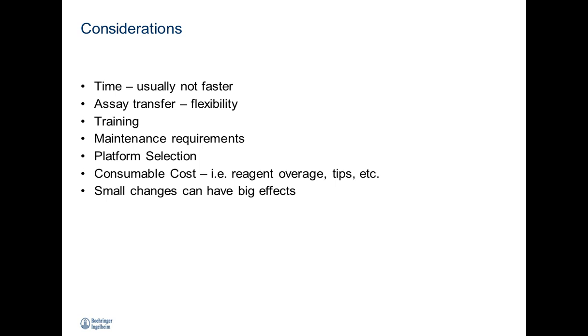Assay transfer is something that cannot be overlooked either. Assay development is usually done manually, and it is a necessity to take your manual bench method, apply it to whatever automation you're considering implementing, and make sure that you get the same results.